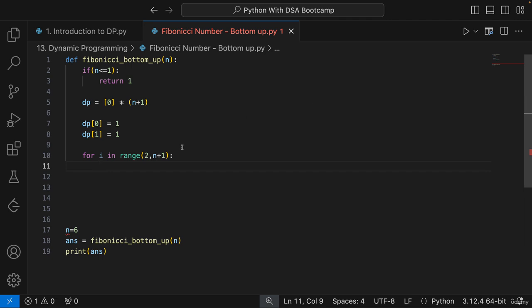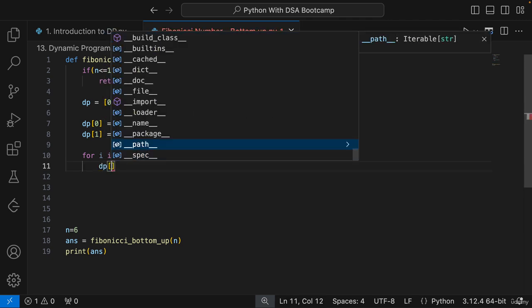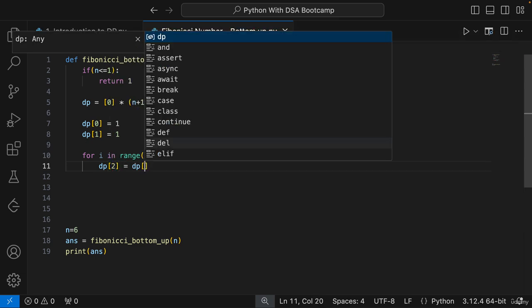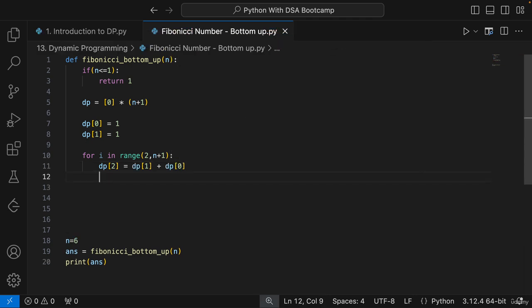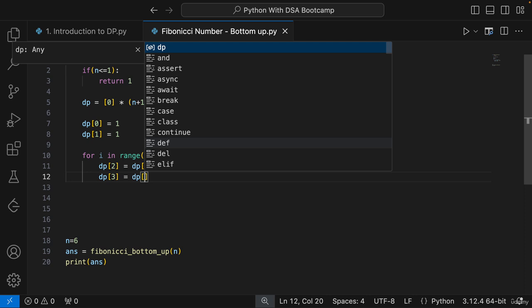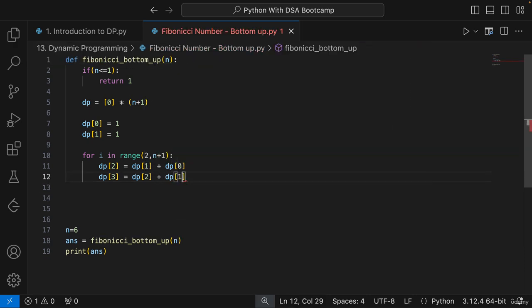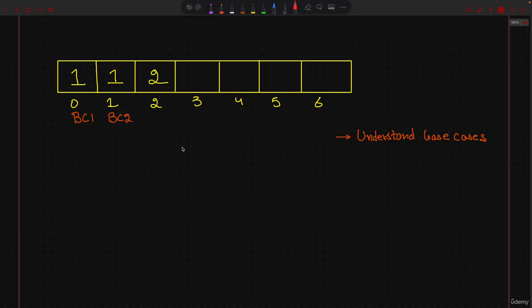Okay. Now let us pay attention, everyone. What do you think dp of 2 should be? Let us first write for dp of 2. dp of 2 should be equal to dp of 1 plus dp of 0. In a similar manner, dp of 3 should be equal to dp of 2 plus dp of 1. dp of 4, right? So I hope you're able to understand this.